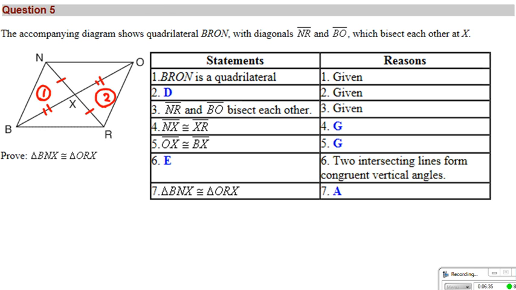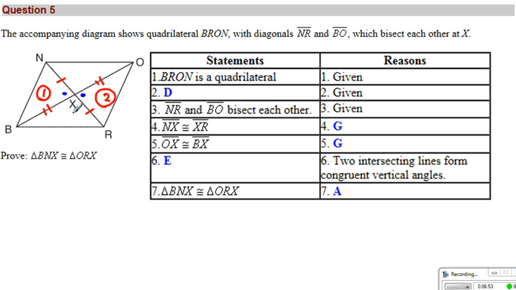As soon as you look into that, what else do you realize? Yes, in fact, we get to realize that this angle and this angle, angle BXN and angle OXR, must be congruent, by side-angle-side. So that's the idea which we like to look at.